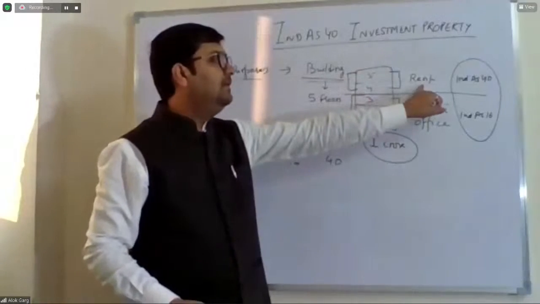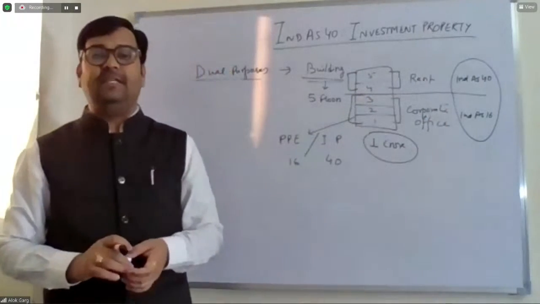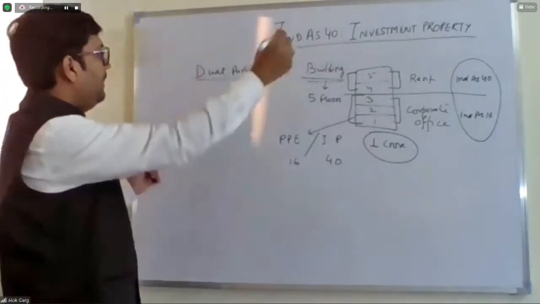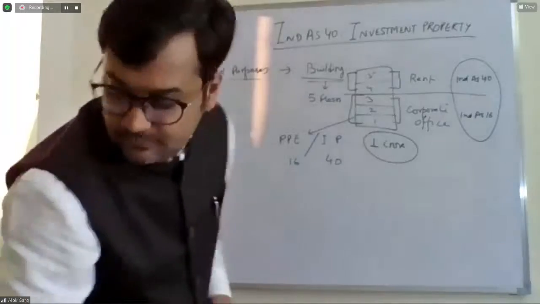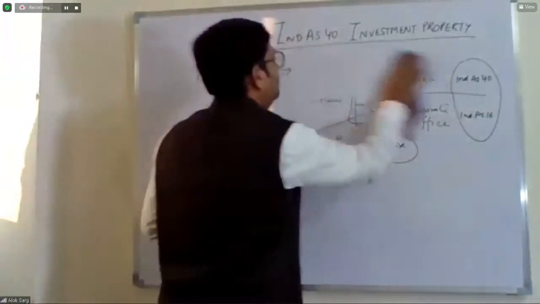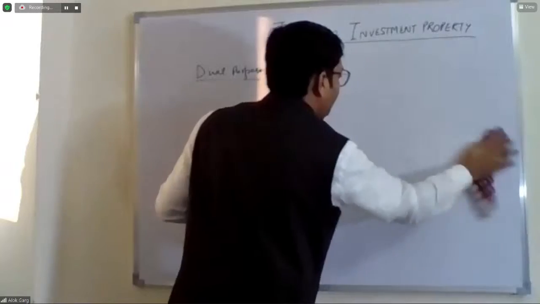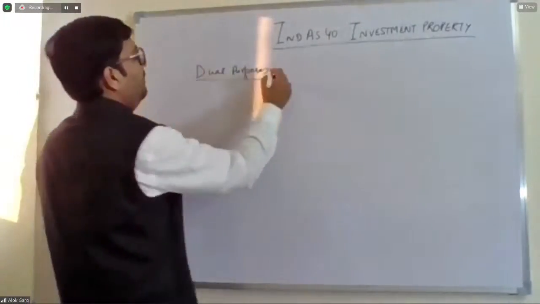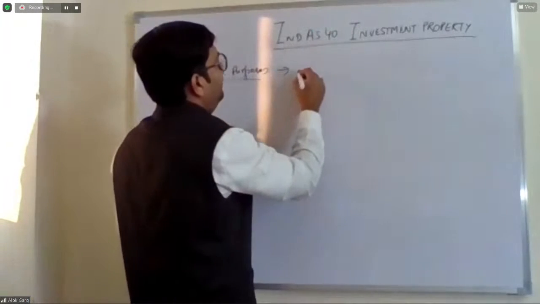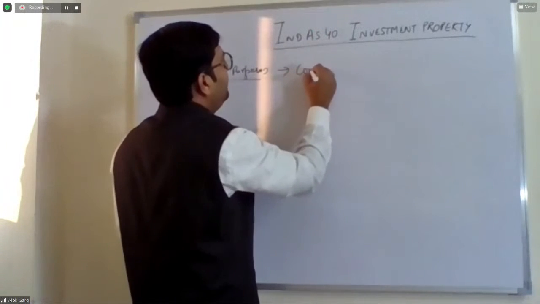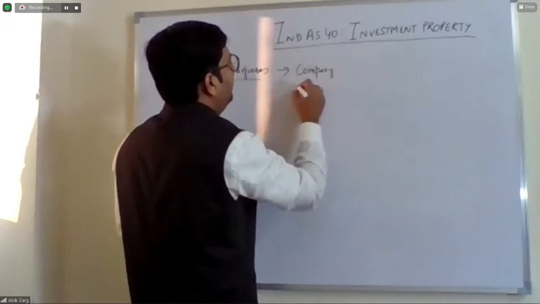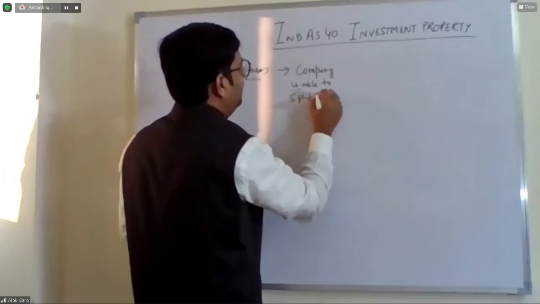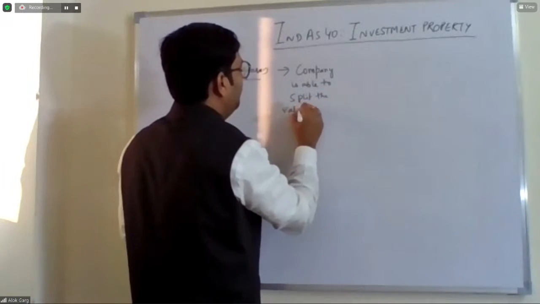These floors between IndAS 40 and IndAS 16. Then the question arises, what will happen? In that case, if it is for dual purposes, then you need to see whether the company is able to split the value.